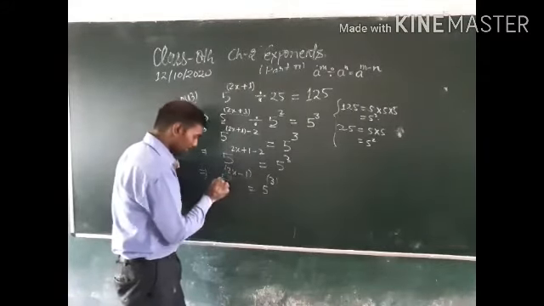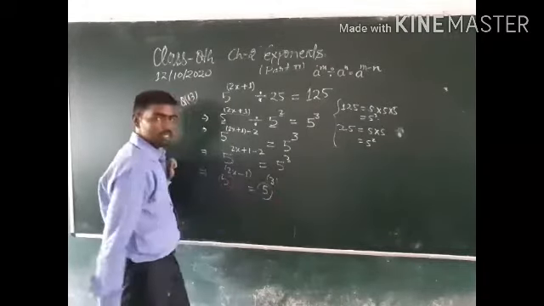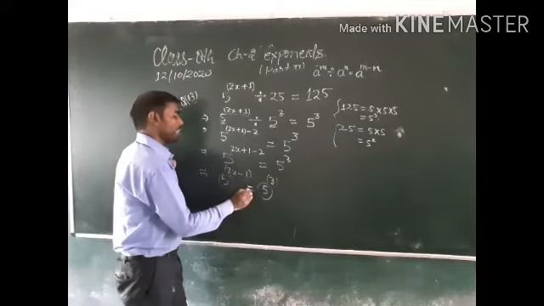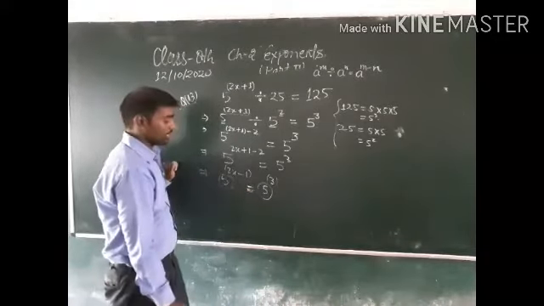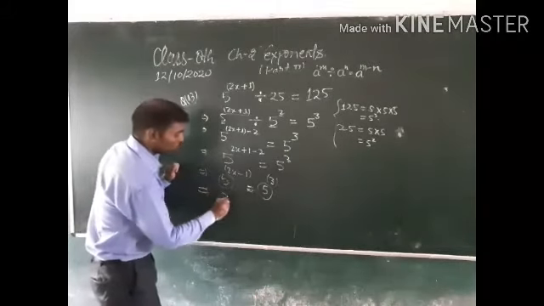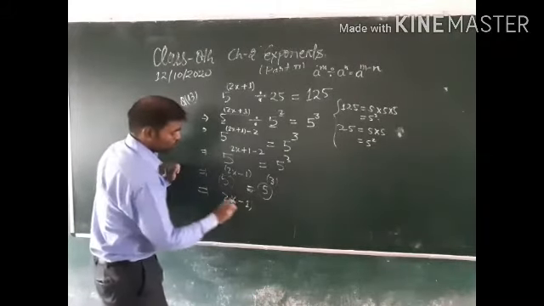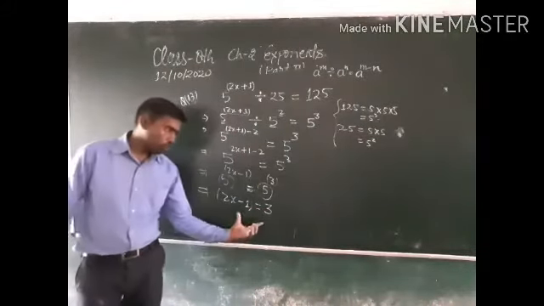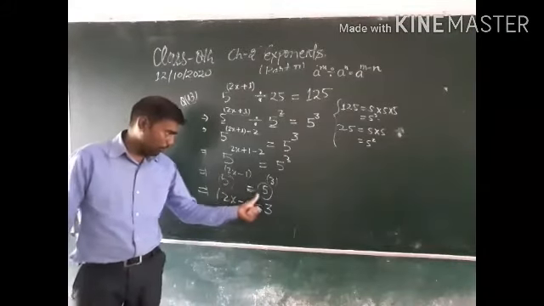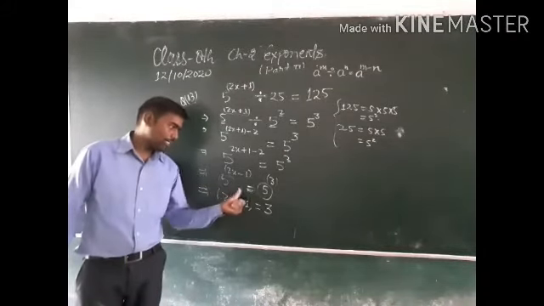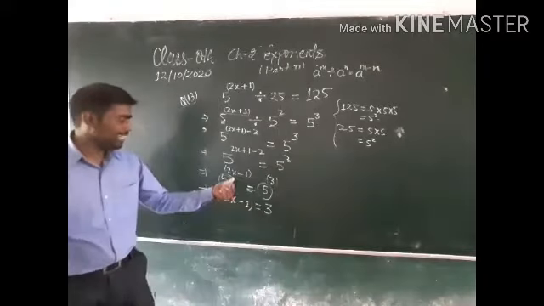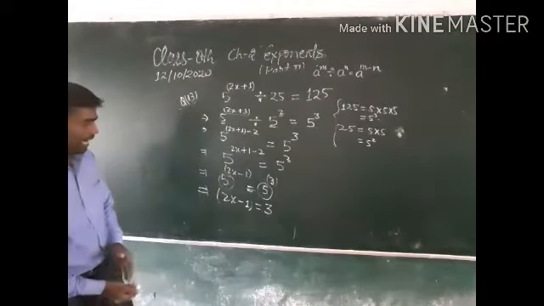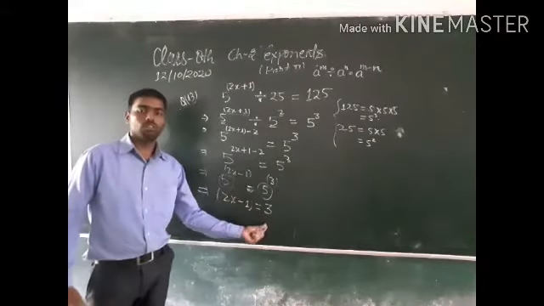Here the bases are equal and between them there is an equal sign, so the power or index is also equal to each other, and we can write 2x minus 1 is equal to 3. Because here the bases are equal and between the bases there are equal signs, the index or power is also equal to each other. So we can write 2x minus 1 is equal to 3.